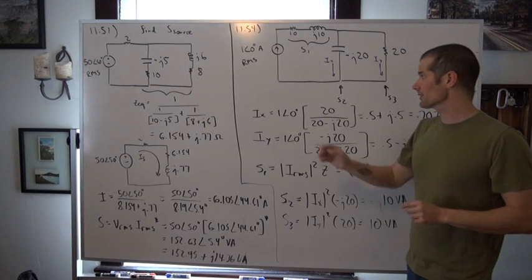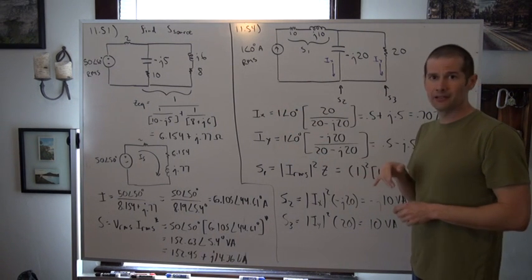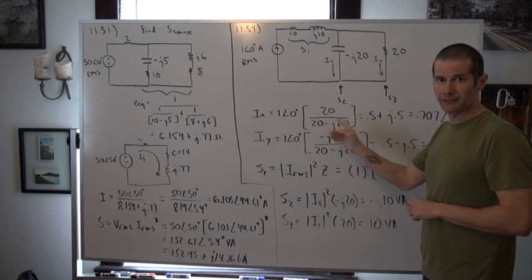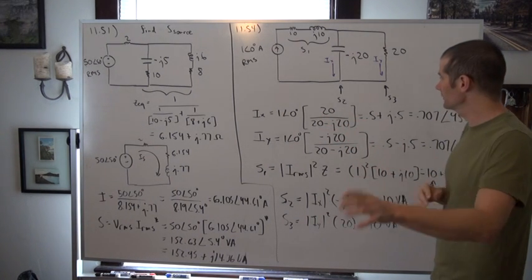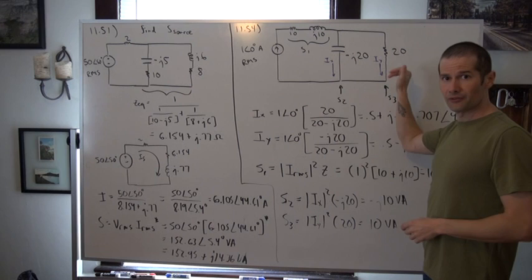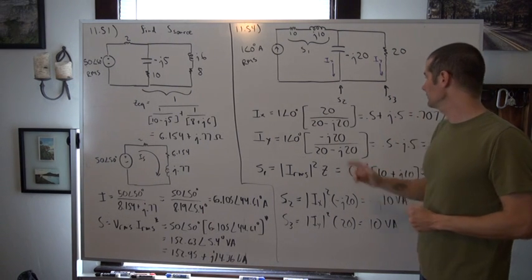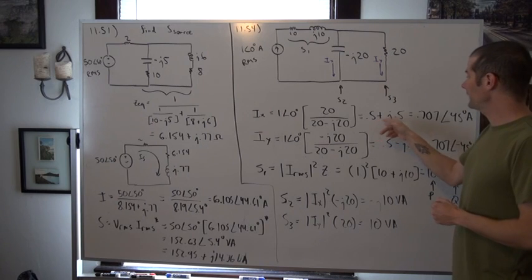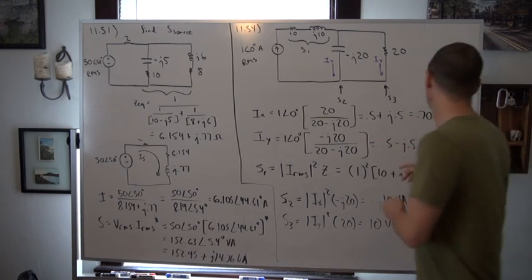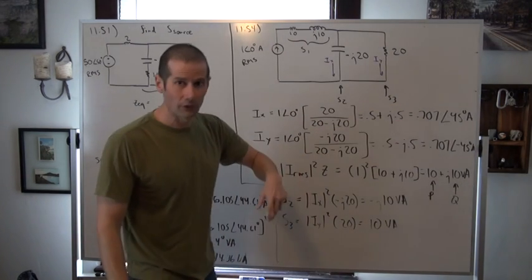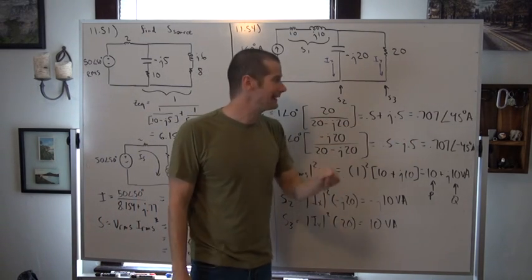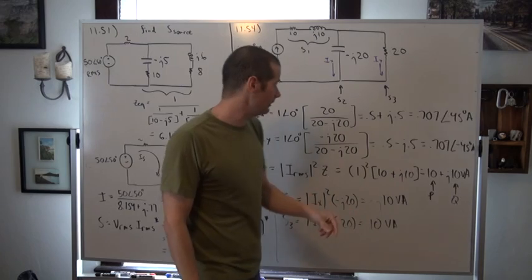So Ix is equal to 1 at an angle of 0 degrees, and then multiplied by 20 over 20 minus j20. Don't forget the current division here. Opposite resistor goes in the numerator, and that comes out to give us a current here of 0.5 plus j0.5, and then convert it over into its polar equivalent, we get 0.707 at an angle of 45 degrees amps.